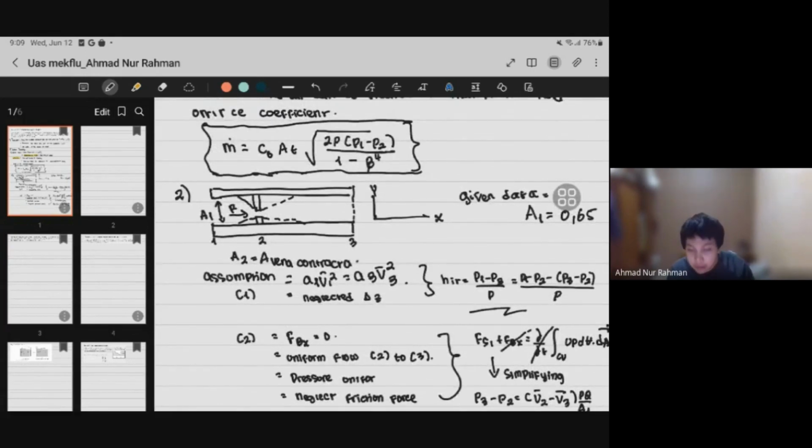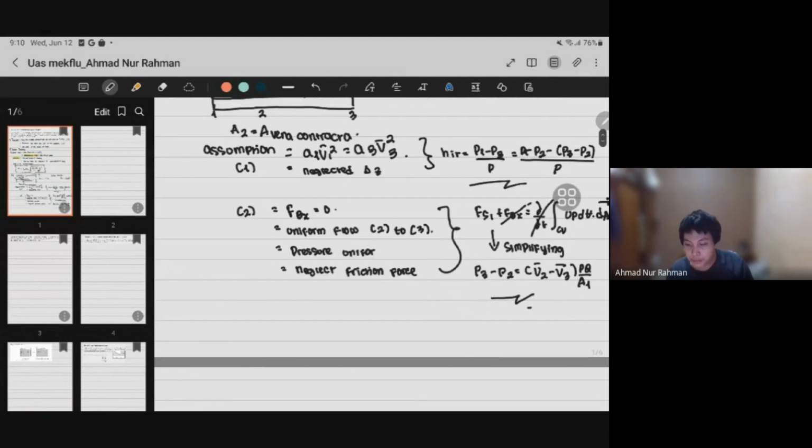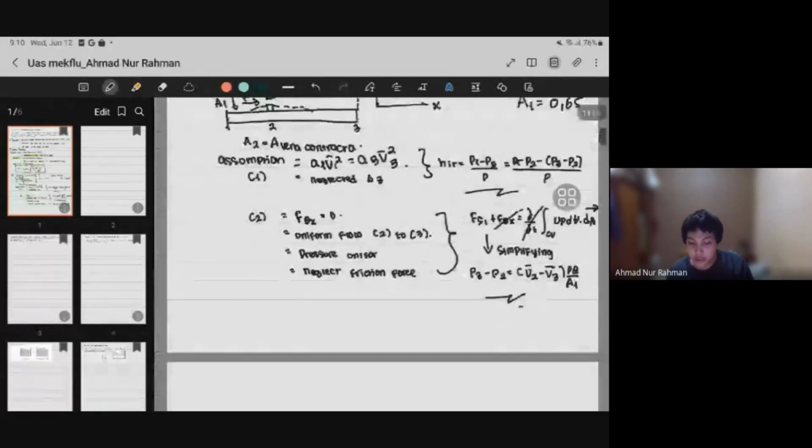So the equation we get is head loss equals P1 minus P3 over rho, that is P1 minus P2 minus P3 minus P2.